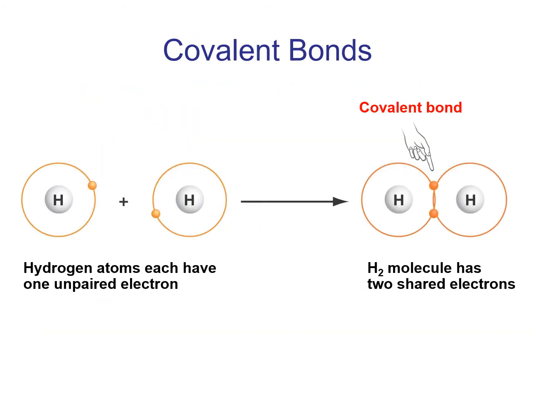Covalent bonds occur when 2 or more atoms come together and share electrons. So here we've got an example with hydrogen. I talked about this already. Hydrogen, if it's not attached to something else as part of a molecule, typically exists as a gas. But it doesn't exist as a single atom. 2 hydrogen atoms will come together and share their 1 electron to effectively fill both of their valence shells.